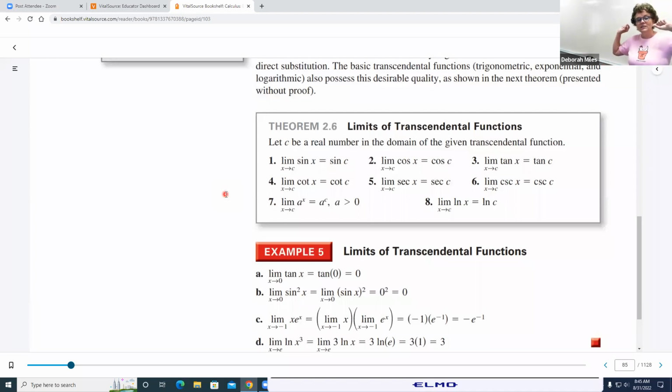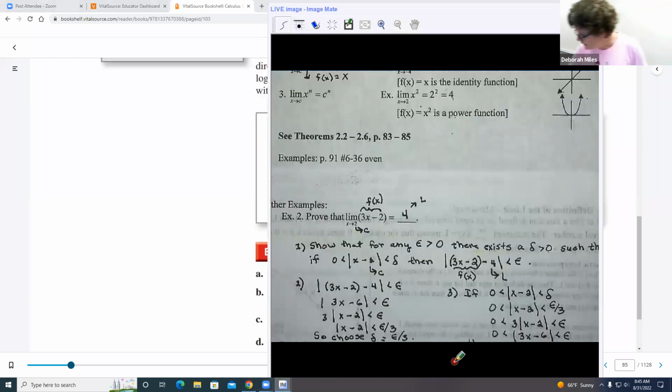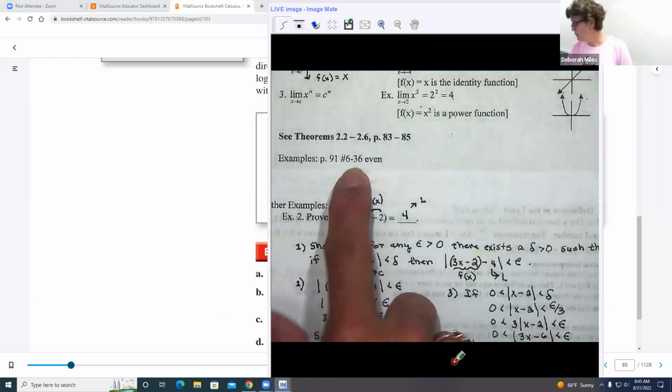You can use direct substitution to find all of those as long as whatever you're substituting doesn't make the function undefined. So the first whole bunch of these, 6 through 36, I may add those on to the homework to give me more to grade, but 6 through 36 are all problems that you can do by direct substitution.